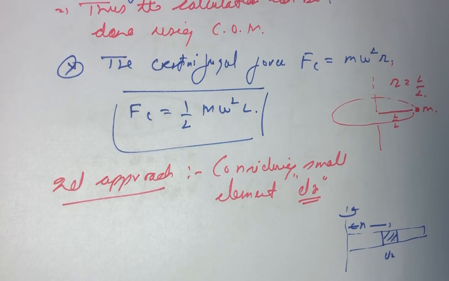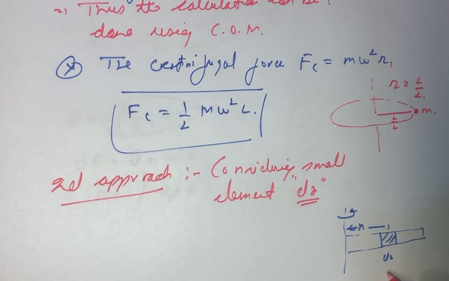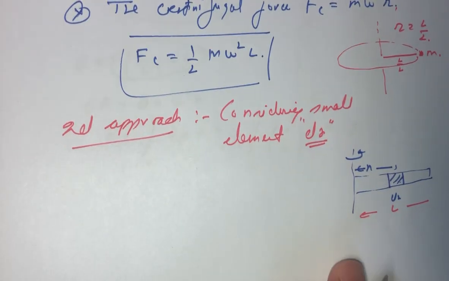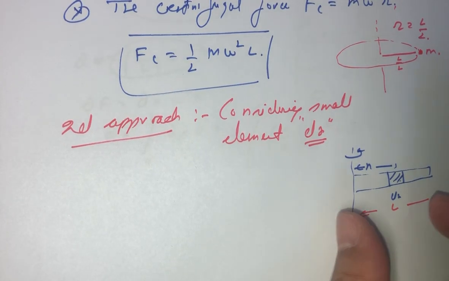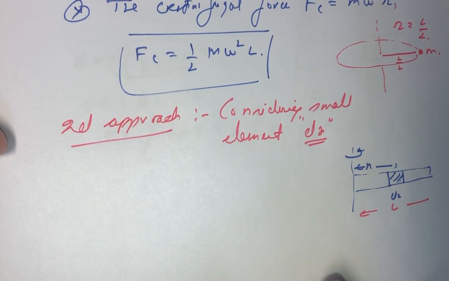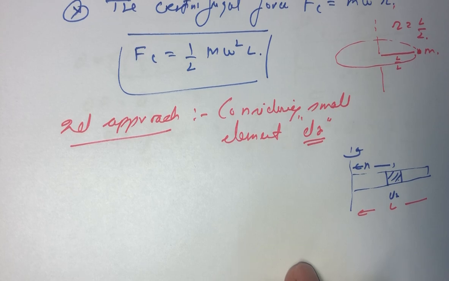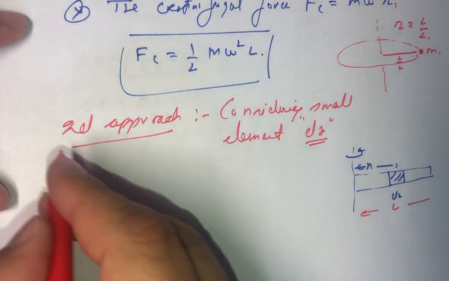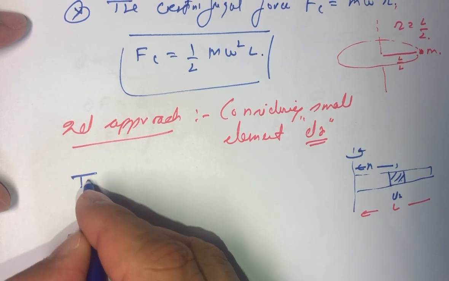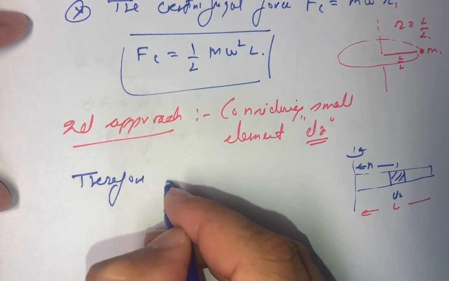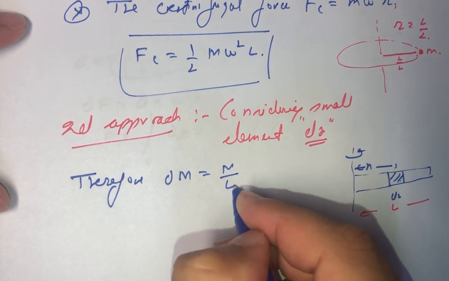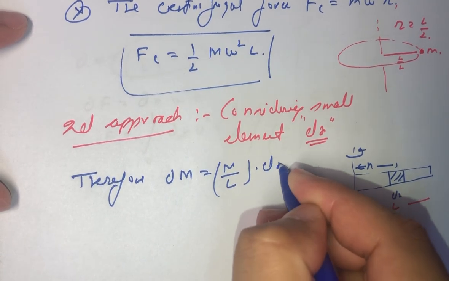Total mass is given as m and length is capital L. So therefore we can say the mass of the small element dx will be equal to mass per unit length multiplied by dx. Therefore dm will be equal to m divided by L multiplied by dx.